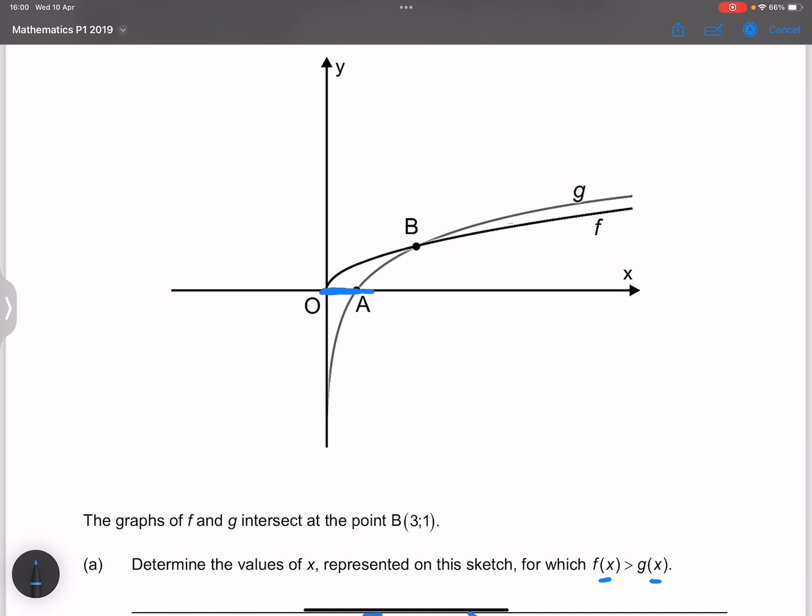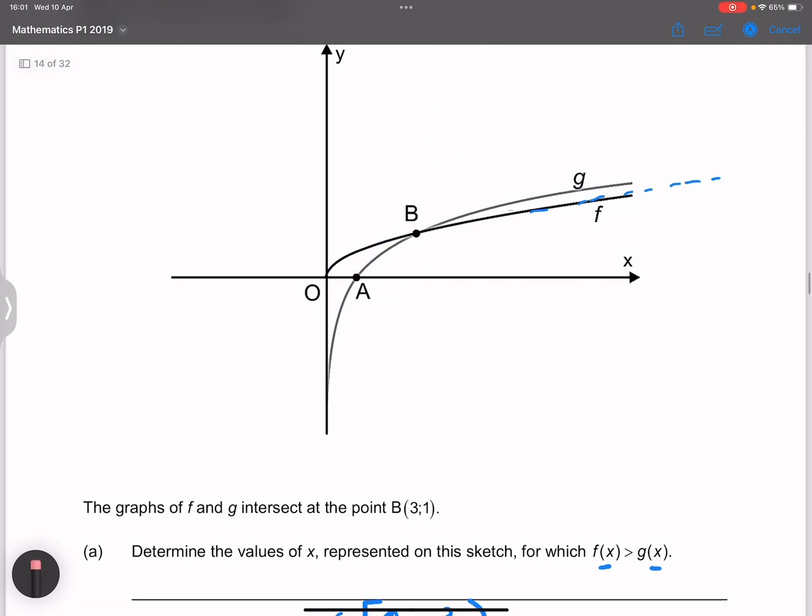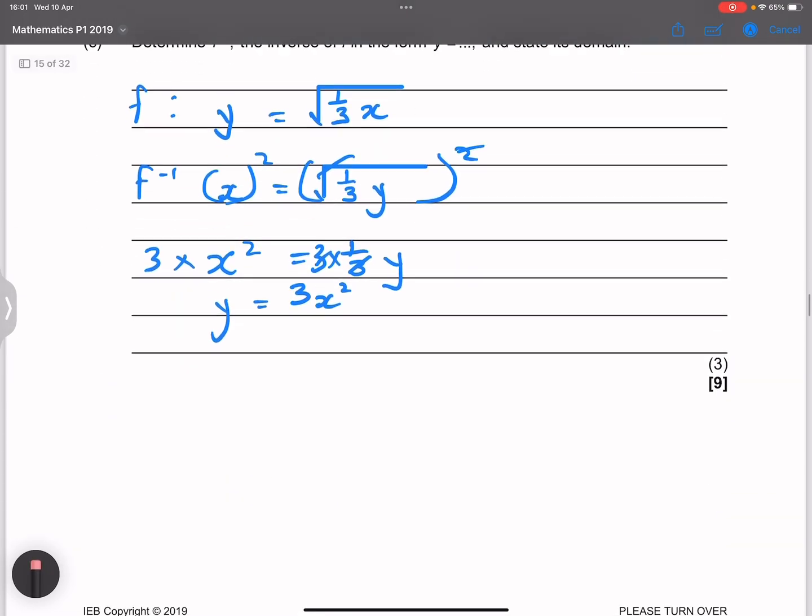Can you see we start from 0, and it keeps increasing up until infinity. And of course, if we were to draw the inverse of this graph, it would look this way. So the domain will actually be from 0 all the way up until infinity, because it keeps increasing as x increases. So our domain in this case will be x.